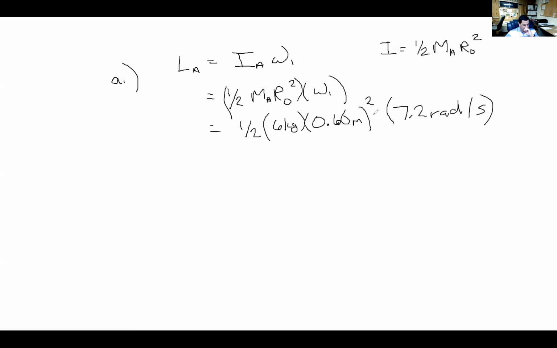Angular velocity was given to us at 7.9 radians per second. So our angular momentum is 7.8 kilogram meter squared per second. So this is part A.